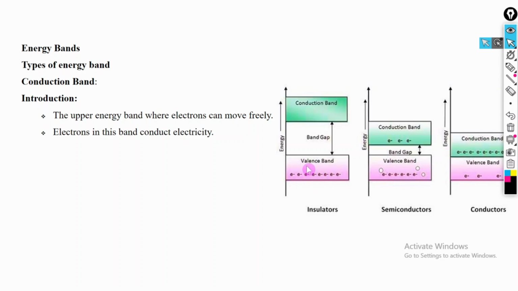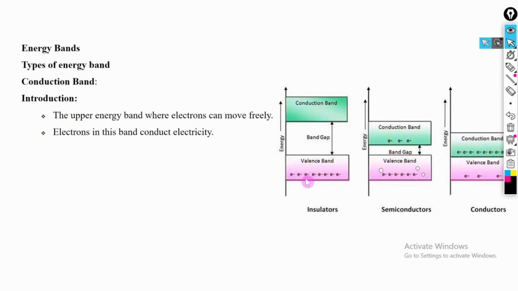This valence band has less energy as compared to this conduction band. In an insulator the band gap is more. The difference in energy between the conduction band and valence band is about 15 electron volts, which is much higher.